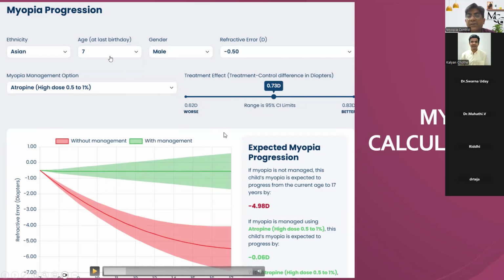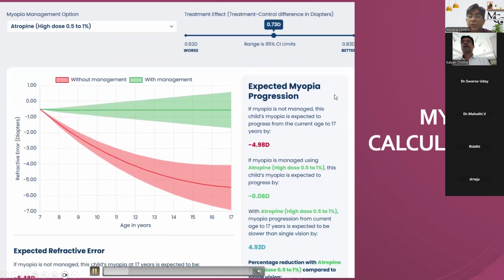The age of the kid is 7 years. The basic refractive error is 0.5. That much is the faith that they have in 1% atropine, purely because of ATOM 1 study. But high dose of atropine stops the progression. The problem is side effects. So this is what they are trying to show.